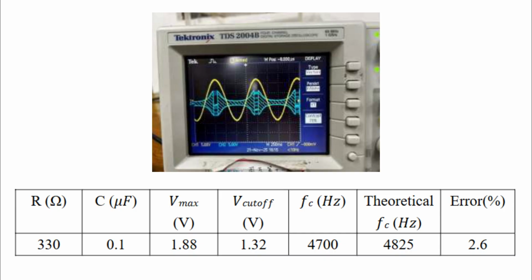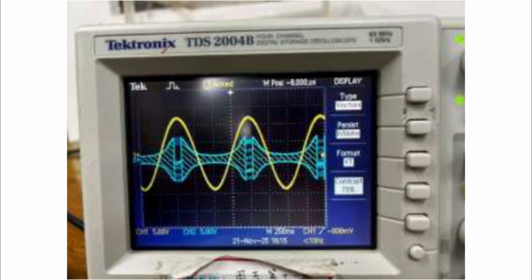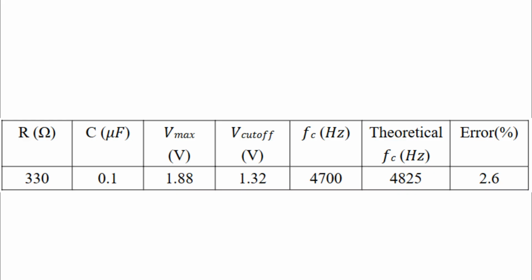Now, let's examine the experimental result of the low-pass filter. From the oscilloscope display, we can observe that at low frequencies, the output waveform closely follows the input waveform, indicating minimum attenuation. As the frequency increases, the output amplitude gradually decreases, demonstrating the expected low-pass behavior.